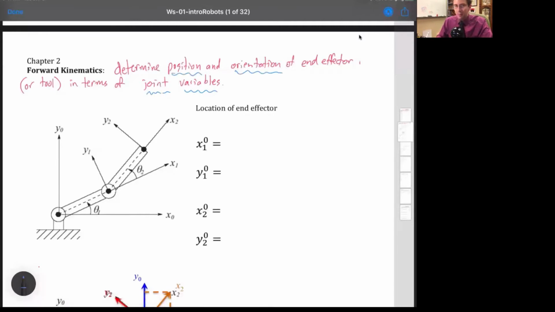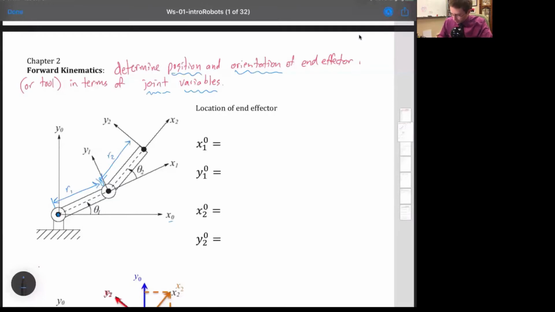The cool thing about serial kinematic chains is that everything builds from our base coordinate frame, which we call x0, y0. So this is our origin over here. And then to go along this robot, you move a distance of the length, which is r1 here. And then this length over here, its length is r2.